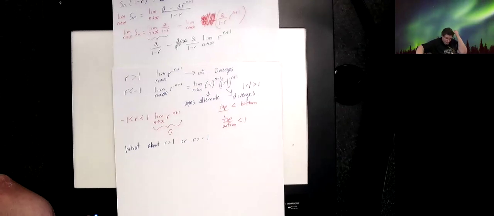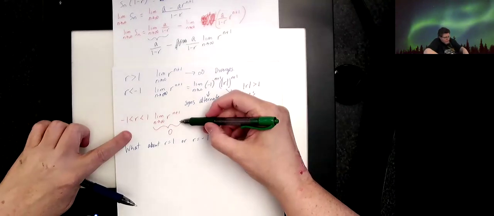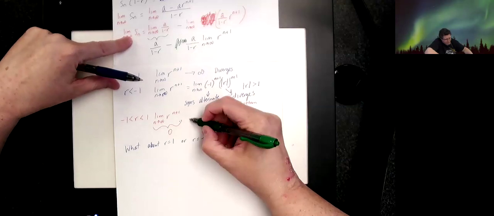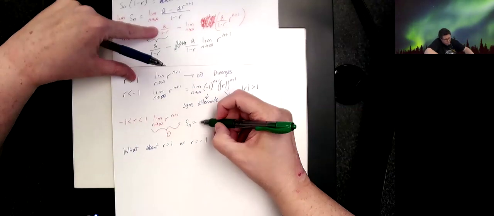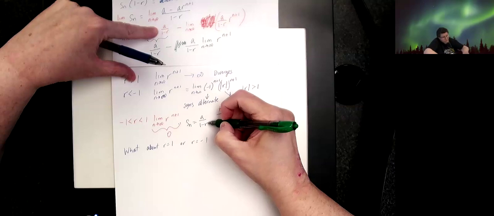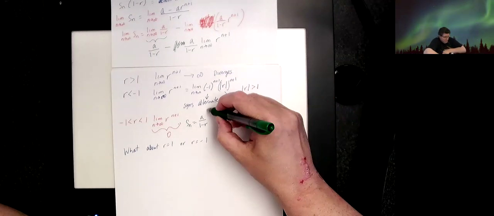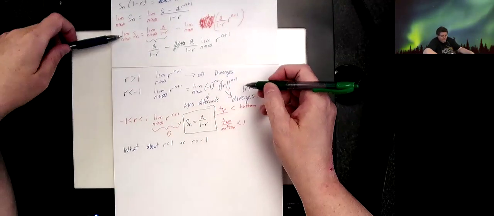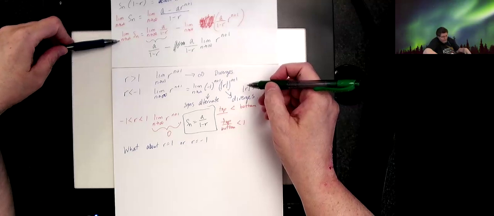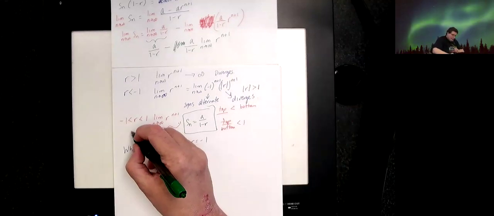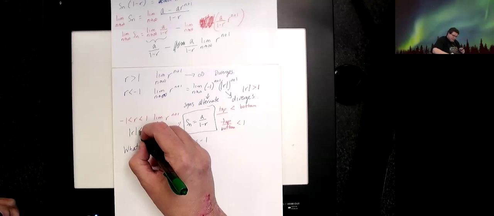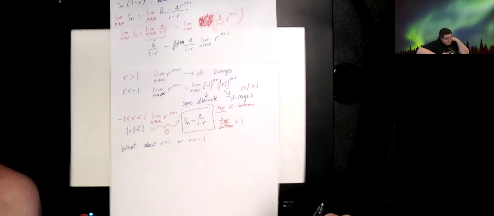Actually, I should finish writing what that means. Since this goes to 0, S sub n just equals a over 1 minus r. That's what we had from right here. And -1 less than r less than 1 is also written as the absolute value of r is less than 1.